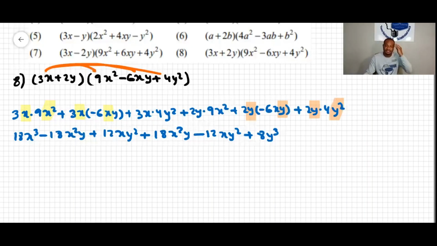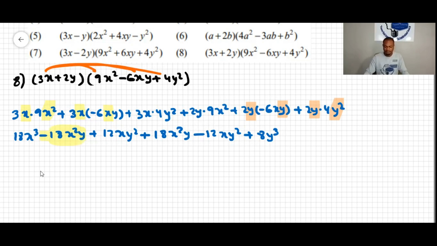Now we can combine like terms. We can notice that with the x cubed over here, we don't have like terms, but with these, yes, we do. We have negative 18x squared y, we have x squared y here, and then we also have x squared y over there.